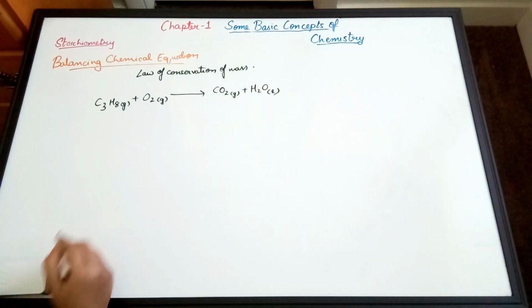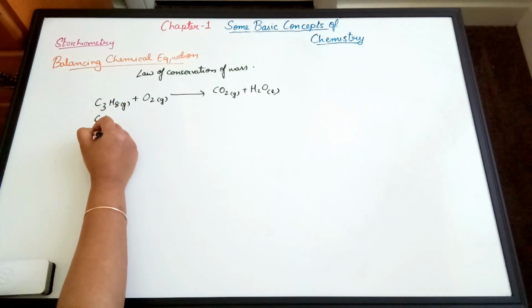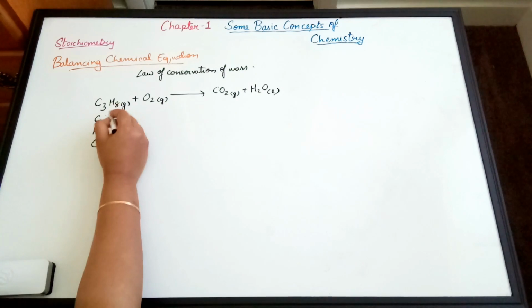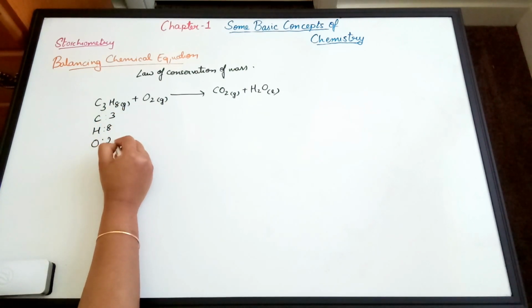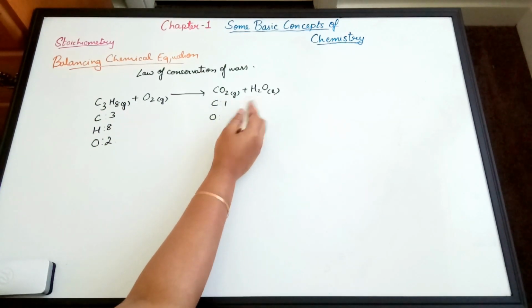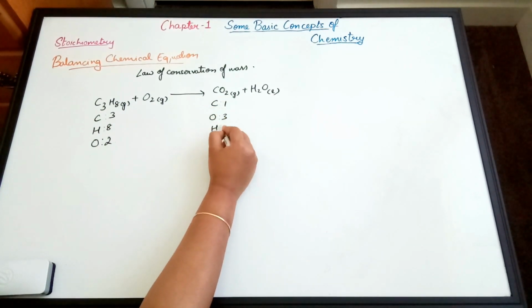Now, the first thing we will do is write down the elements: carbon, hydrogen and oxygen. So C3H8: carbon 3 atoms, hydrogen 8 atoms, oxygen 2 atoms. On the right, carbon 1 atom, oxygen 2 plus 1, 3 atoms, hydrogen 2 atoms.